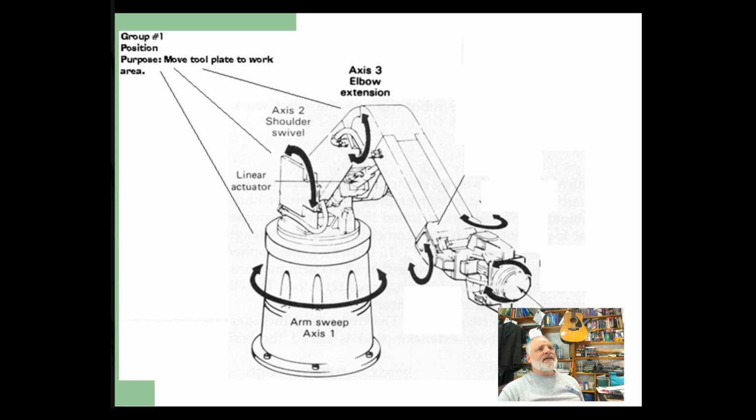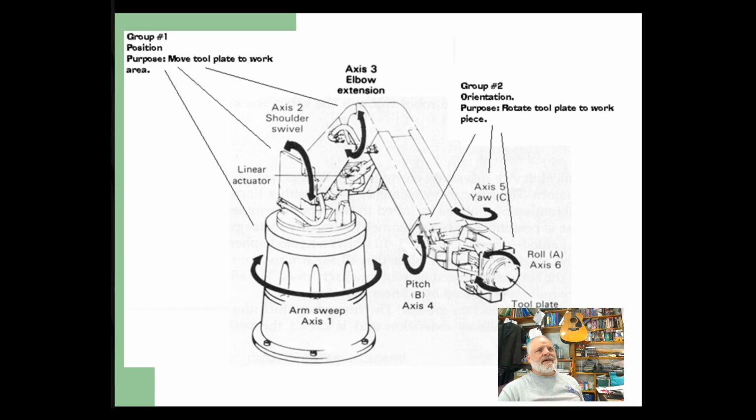Axis 2 is like your shoulder. Axis 3 is like your elbow. And then axes 4, 5, and 6 deal with your wrist movement, and they give you the yaw, pitch, and roll. They allow you to point it up and down, angle it left and right as a yaw, and also to rotate it.